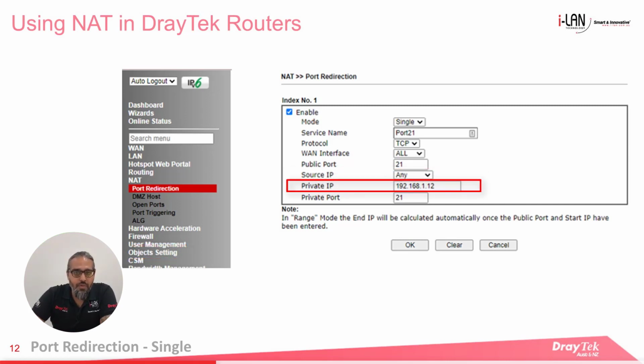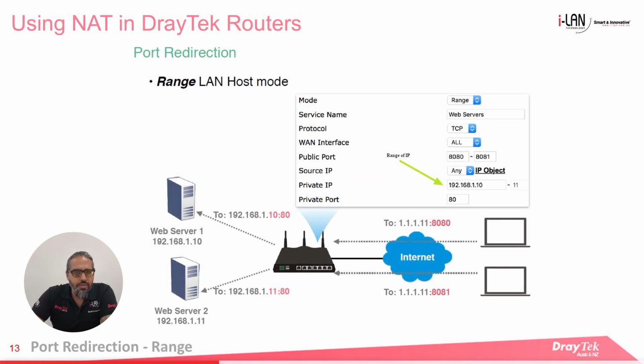Private IP is, of course, our FTP server's LAN IP address, that is 192.168.1.12 in this example.